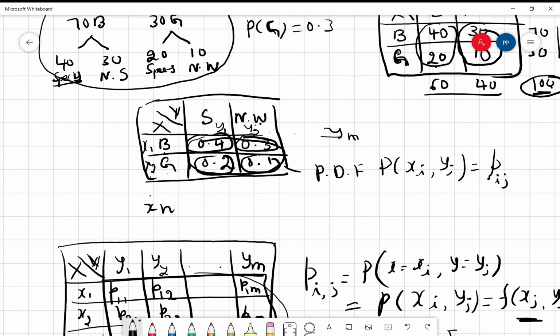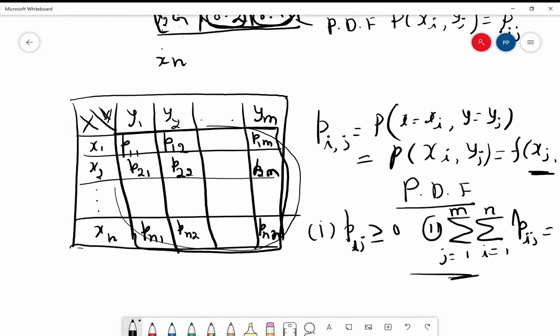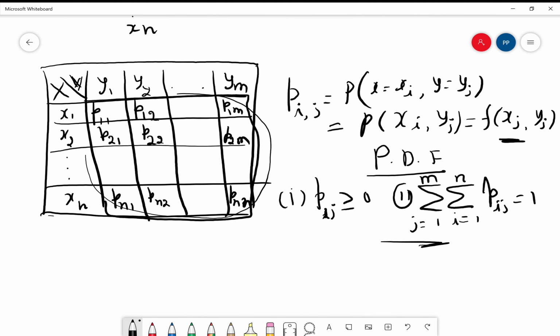Now, can we find the individual distribution from this? That means the distribution only for the variable x, and for the variable y. They are called marginal distributions or individual distributions of x and y. We already know the values taken by x here.